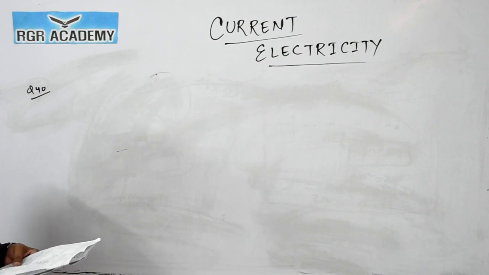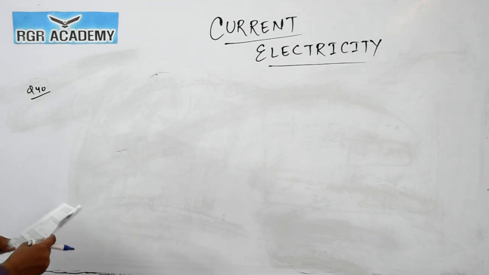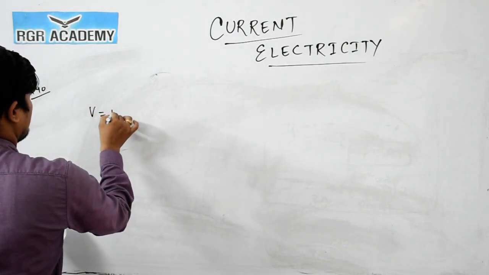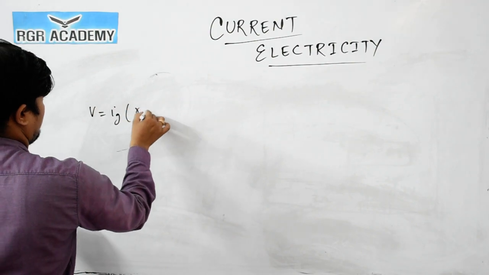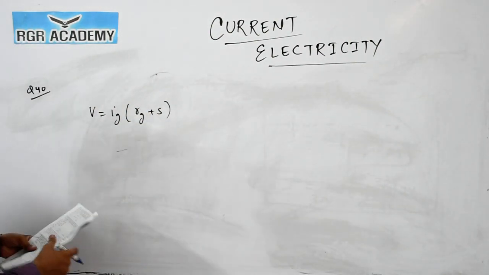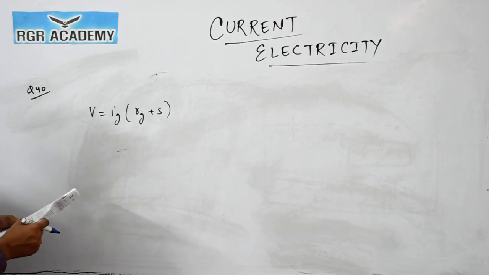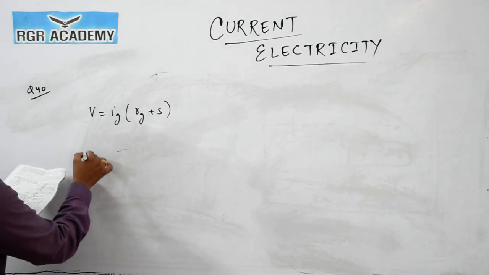To change it into a voltmeter of range 100 volt by connecting it with a resistance R in series with the galvanometer, the value of R is. We know that V is given by Ig into Rg plus S, where Rg is the resistance of the galvanometer and Ig is the maximum current that can be measured by the galvanometer. So the value of Ig is given as 10 milliampere.